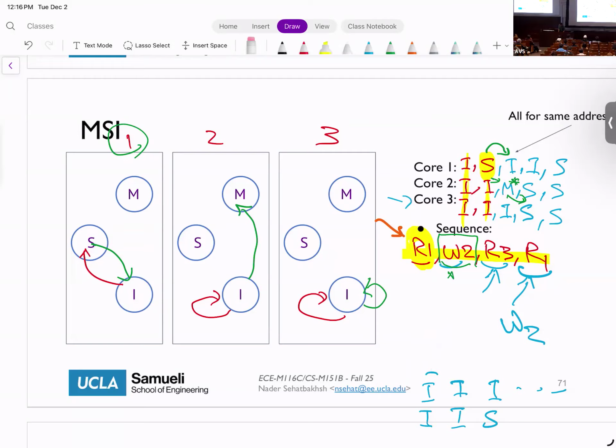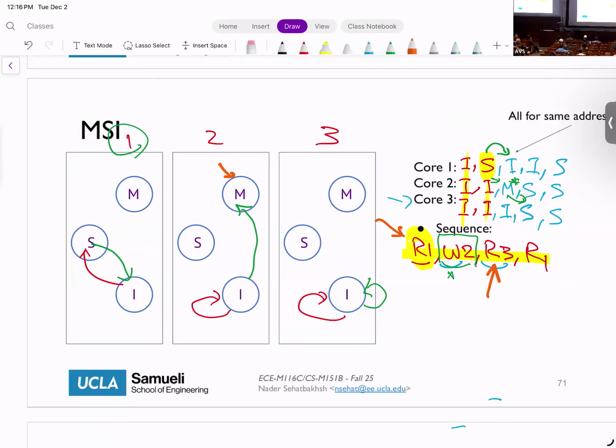Then we go to the next one, and what will happen here is that core number 3 now wants to read it, okay? So again, it will broadcast this value. The difference in this case is that now core number 2 has this line in the M state. It means that the copy in core number 2 is the most updated copy. The copy in the memory is a stale copy, the wrong copy, because it hasn't been updated yet by core number 2.